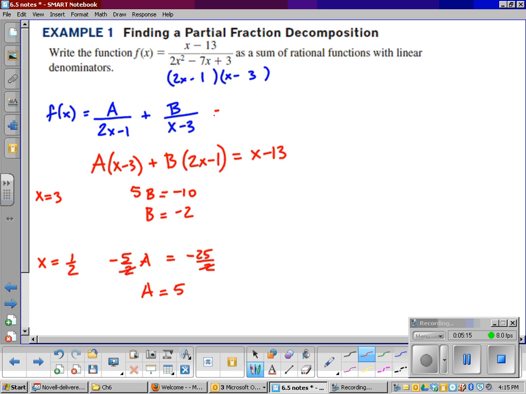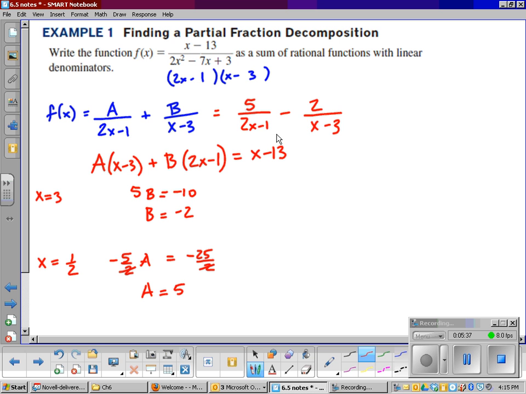So now I can go back up here, and I know that A is 5, so I have 5 over 2x minus 1, plus B is negative 2, so I can change that to a minus in between and put 2 over x minus 3.